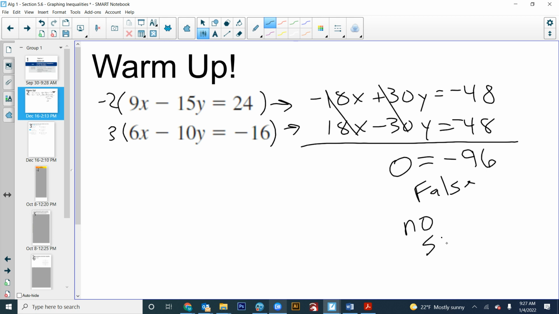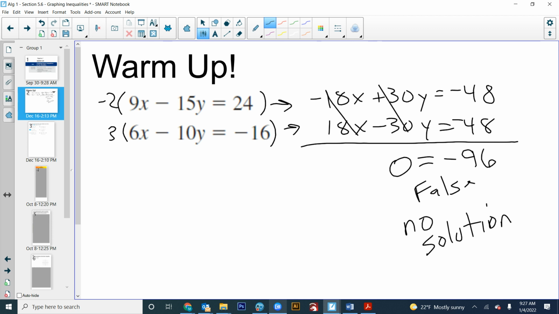No. What does that mean? What does this mean? No solution with what we've been talking about, Mary. There is no solution. Right, but what does that mean for lines? It's kind of big.